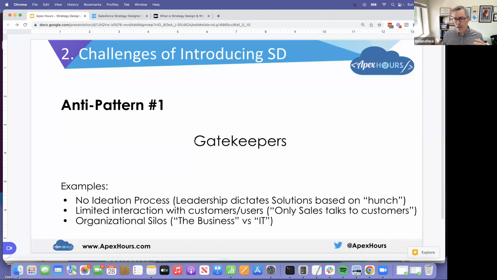And we're also trying to bring a structured approach to how we can identify problems and address them. So the concept of gatekeepers, of having a limited number of people who have access to information and a limited number of perspectives, is an anti-pattern that we want to be aware of and hopefully improve upon.